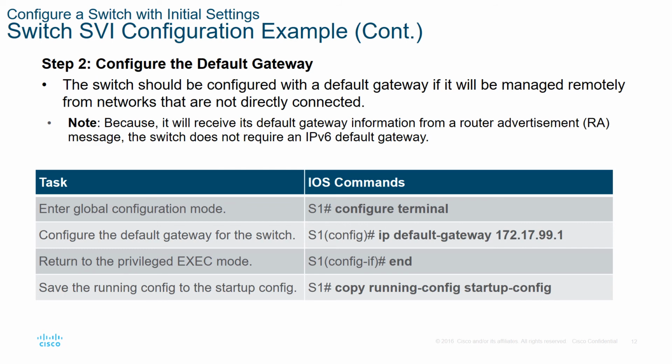To configure the default gateway, we have to use the command ip default-gateway, followed by the IP address of the router. Default-gateway is a single word. In this case, the IP address of the router is 172.17.99.1. Then press Enter. Finally, you have to save the configuration by using the command copy run start.